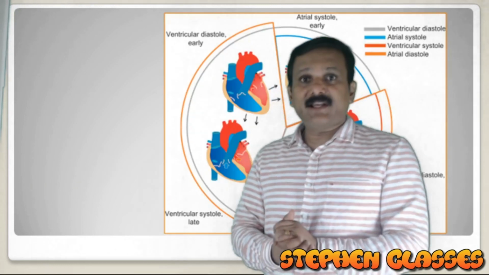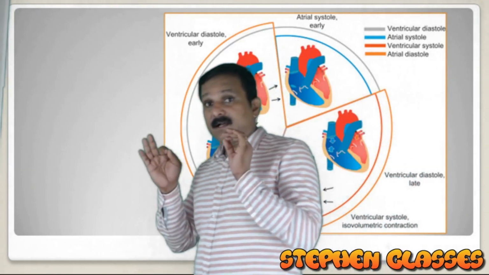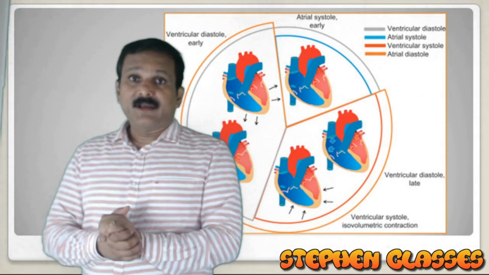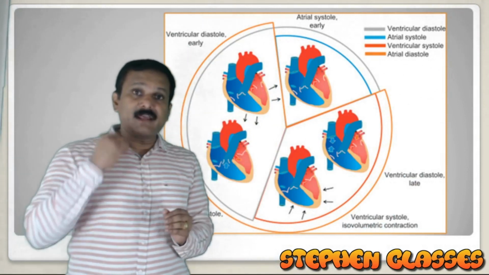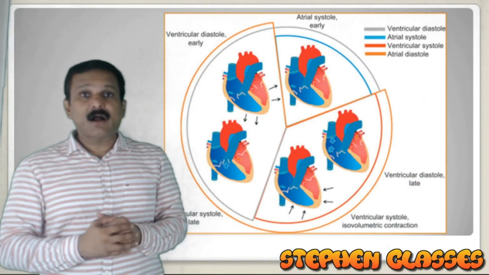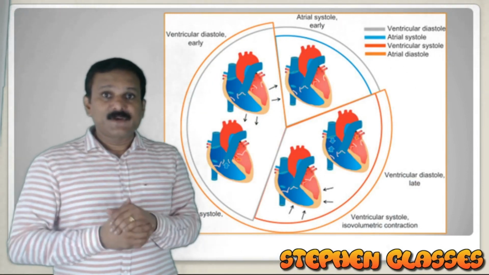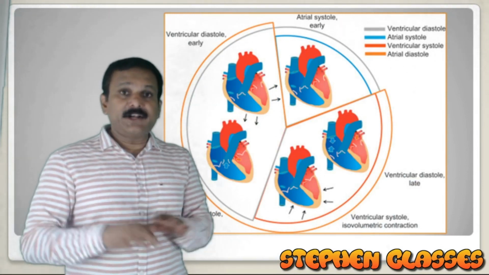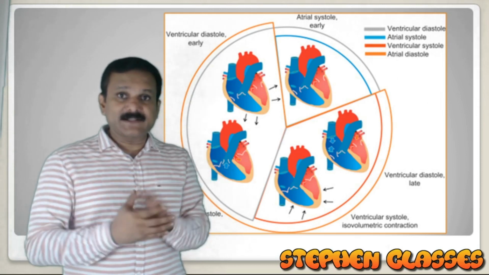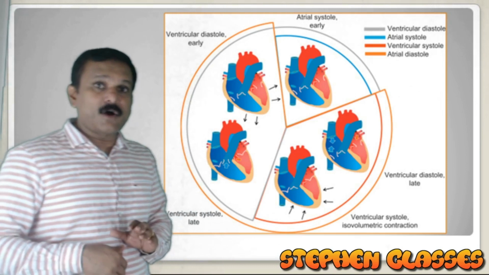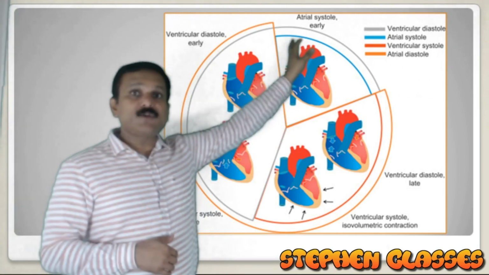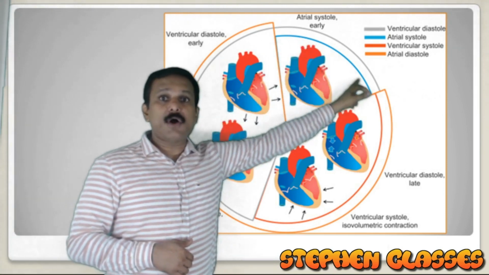Our next question is based on the cardiac cycle. The sequence of events beginning from one heartbeat to the beginning of the next heartbeat is called the cardiac cycle. So in a cardiac cycle, the duration will be 0.8 seconds. And you can see the different events in the cardiac cycle over here. First of all, there will be atrial systole.